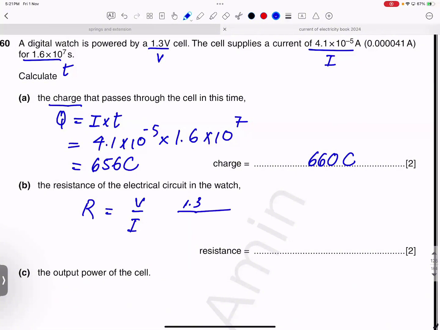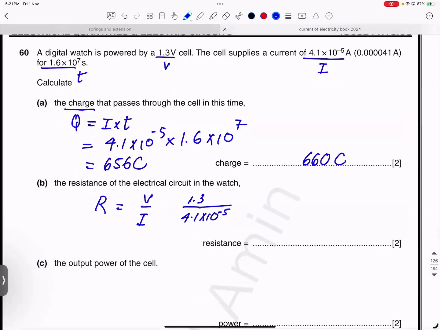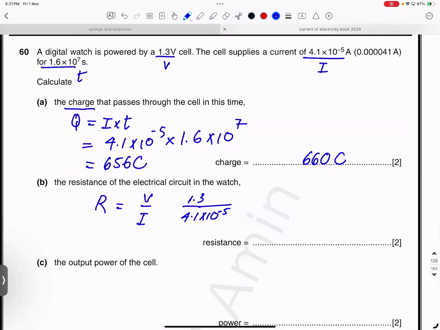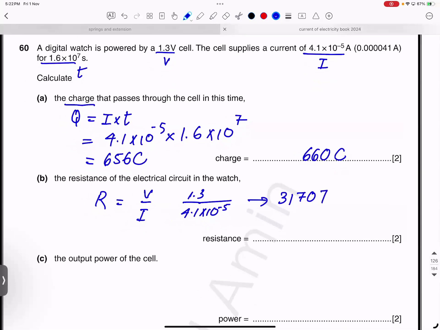I is 4.1 into 10 power negative 5. 3.2 into 10 power 4. O is not a number, please.